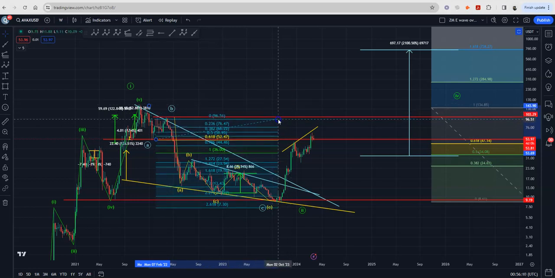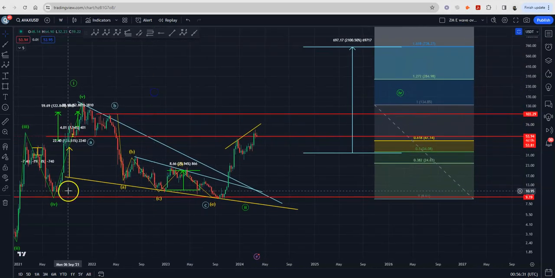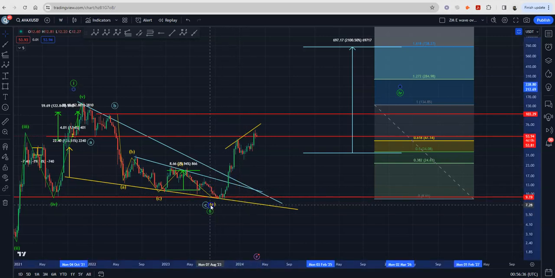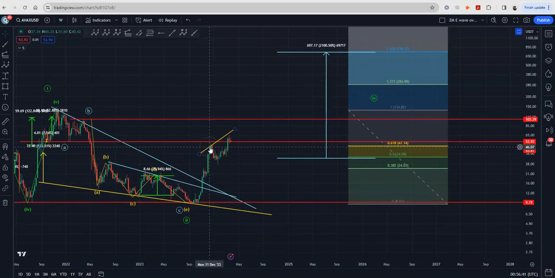So wick to wick and close to close, it gives us roughly a 2.72, let's say 2.414 Fibonacci trend extension, or trend projection. That's the level that marks the lows. Now, it's a clear 1, 2 structure down on wave E, followed by a wave 1. Very simple. Avalanche is very simple.